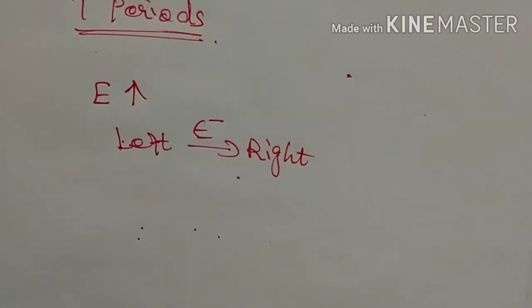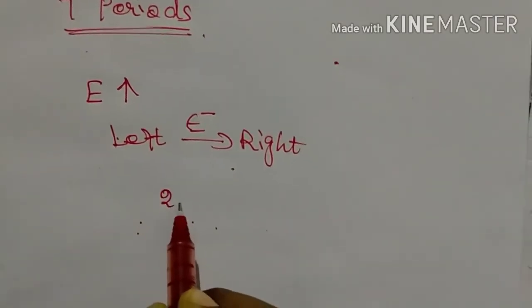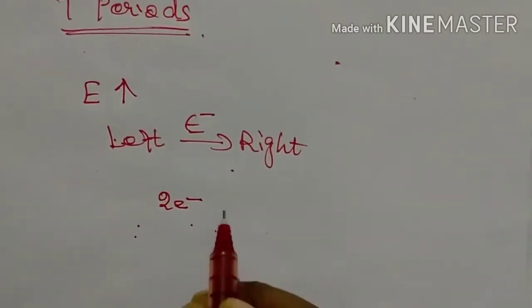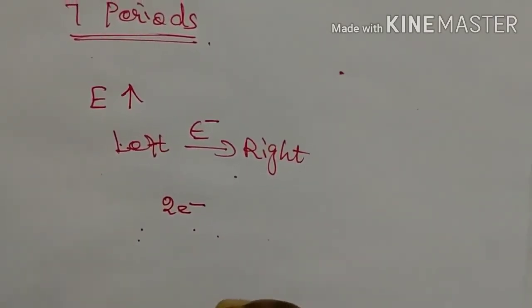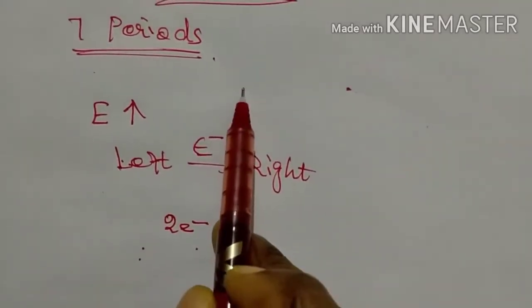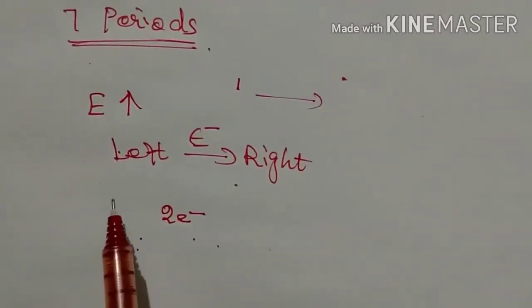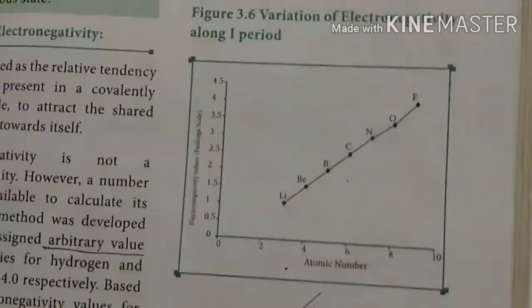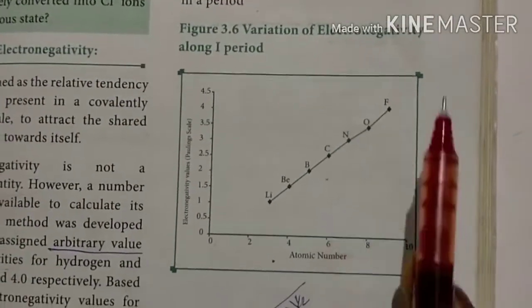So here the tendency of attracting two electrons or a pair of electrons is increasing when moving from left to right of the modern periodic table.